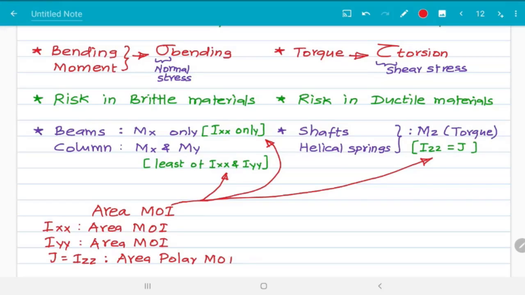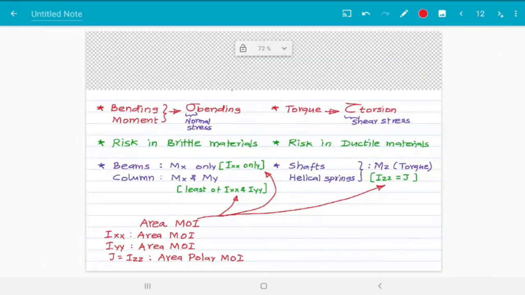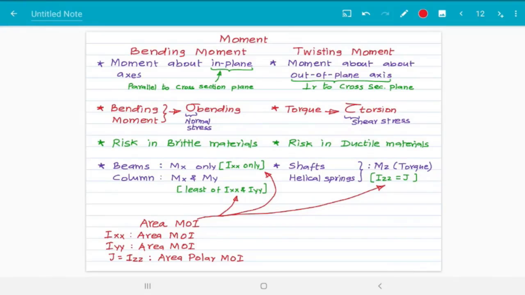There are only two types of moment of inertia: area moment of inertia and mass moment of inertia. The area moment of inertia is related to bending or twisting, both. Not full rotation, right?